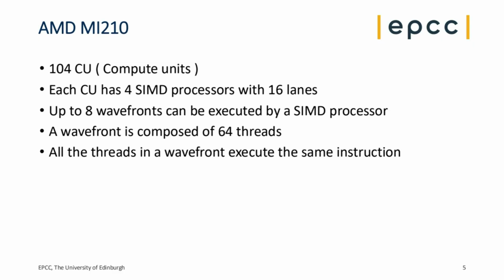That's what you have in a wavefront that's passing through your compute unit. And the SIMD processor itself can deal with 8 wavefronts that are scheduled. And so across the compute unit, you have 32 wavefronts that can be in play at once. Important point: all the threads in a wavefront are executing the same instruction, but using different data items.